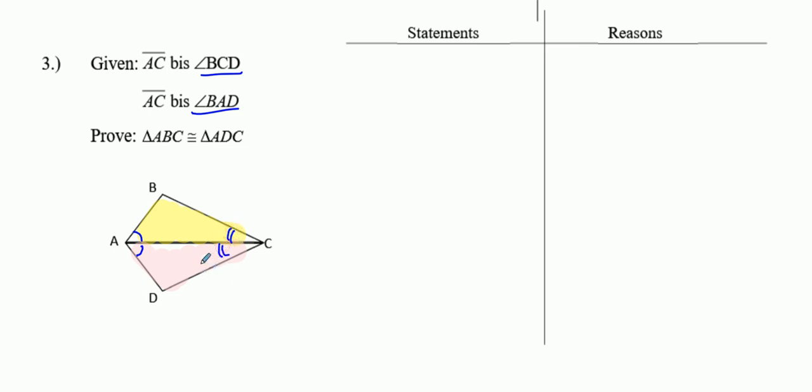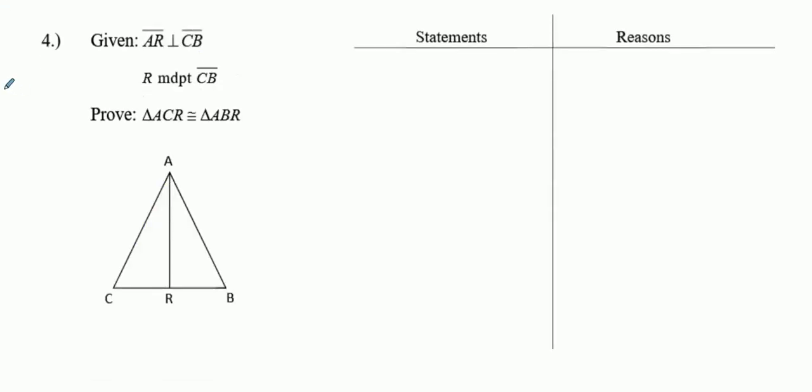And that reason's because an angle bisector divides an angle into 2 congruent angles. Since the diagram looks just like number 2, I can use the reflexive property with segment AC. And again, this triangle proof ends with angle side angle. So I won't go over the entire proof listing out the statements and reasons because it's so similar to number 2.